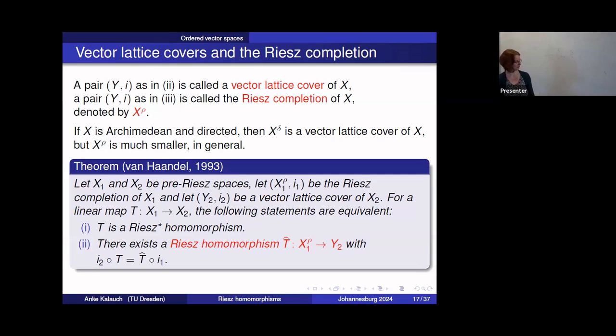He wanted to characterize those operators that can be extended to the Riesz completion and end up as a Riesz homomorphism there. That's why he gave this technical condition with the upper and lower bounds I gave you. This was his reason to introduce this.